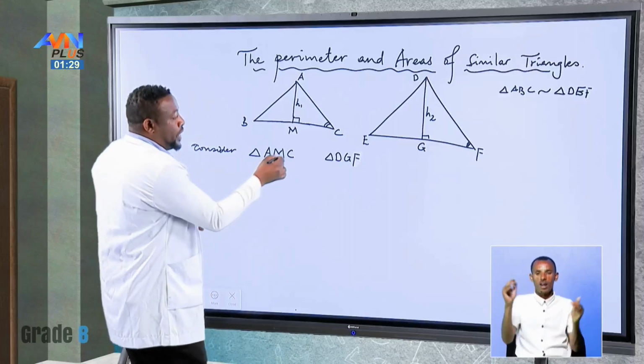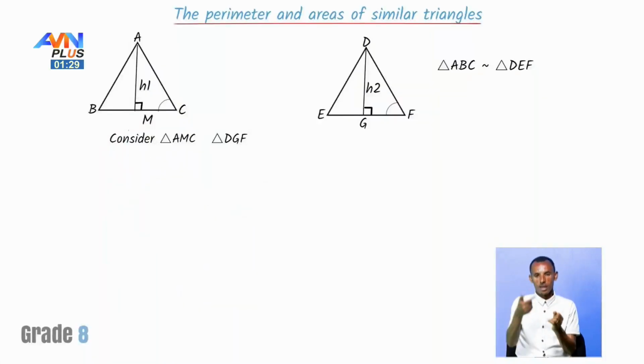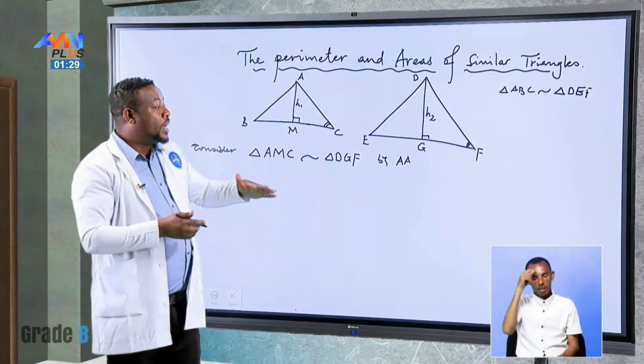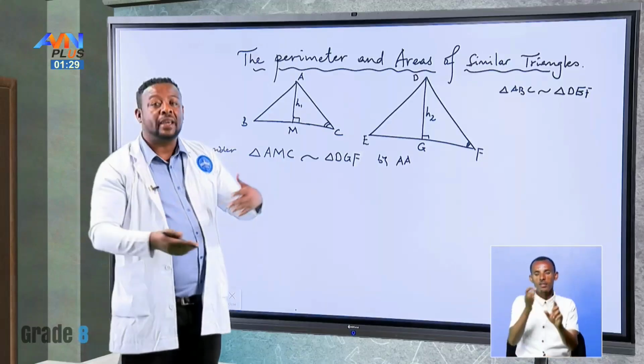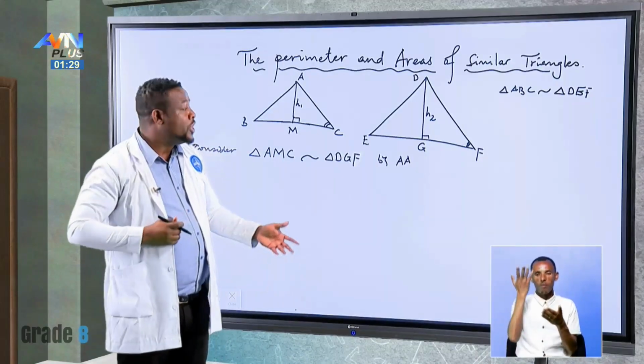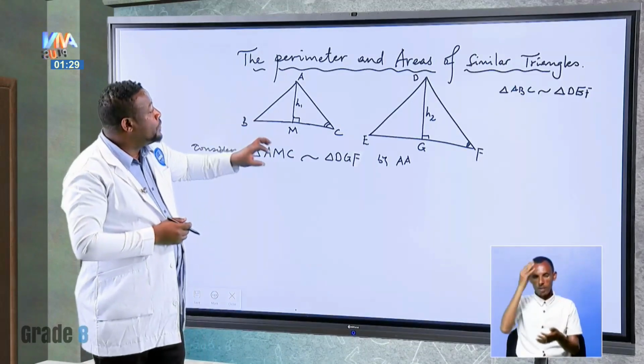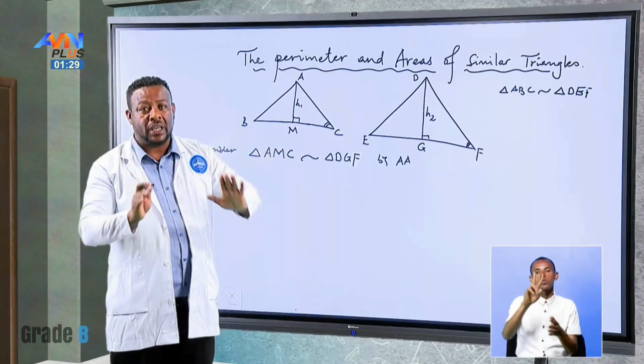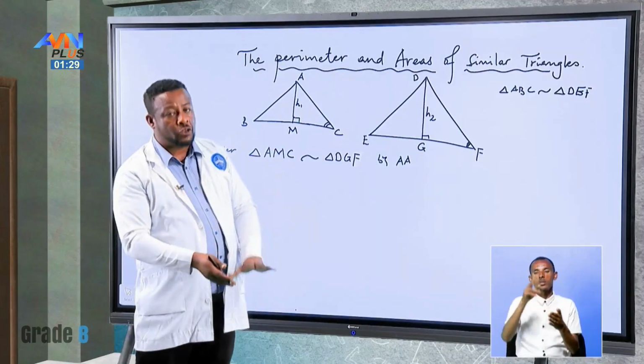So we can say that AMC and DGF are similar by angle similarity. We have seen what angle similarity looks like in our previous class discussion. So from this figure, we can extract two similar triangles.